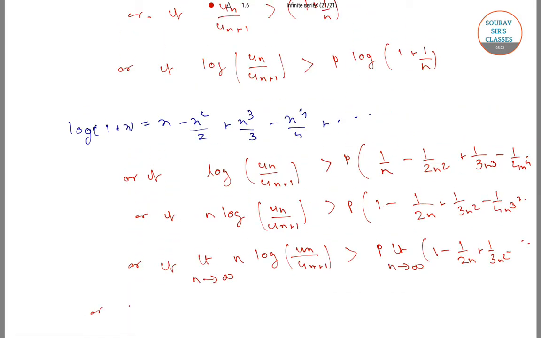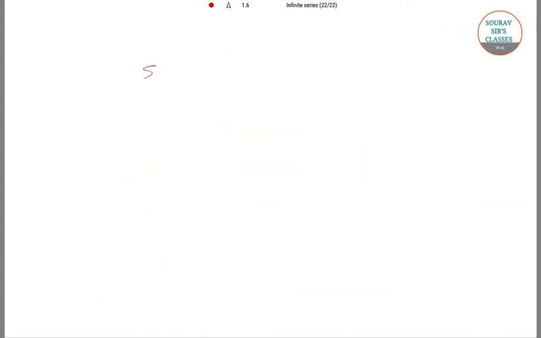Or if k is greater than p, which is true, as our k is greater than p is greater than 1. Hence summation un is convergent.